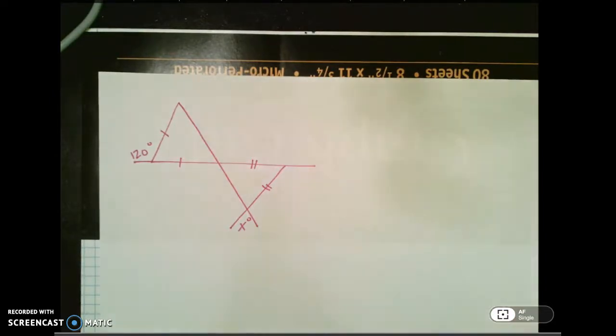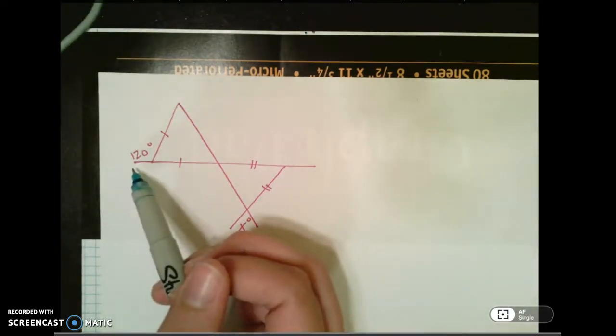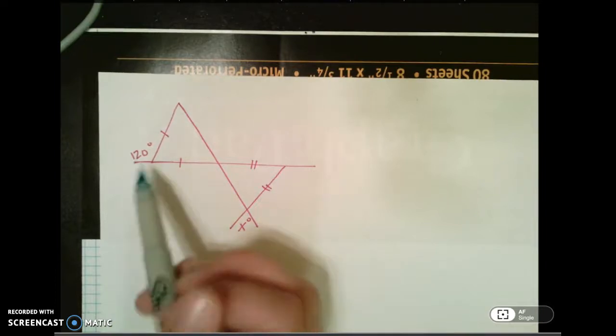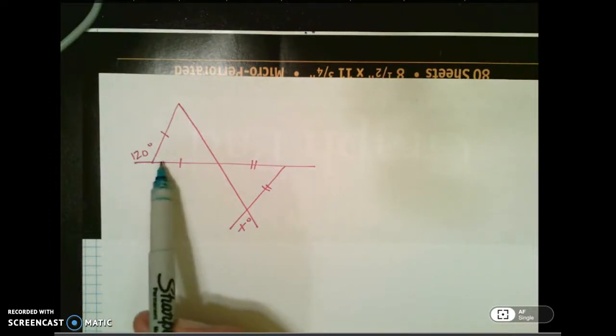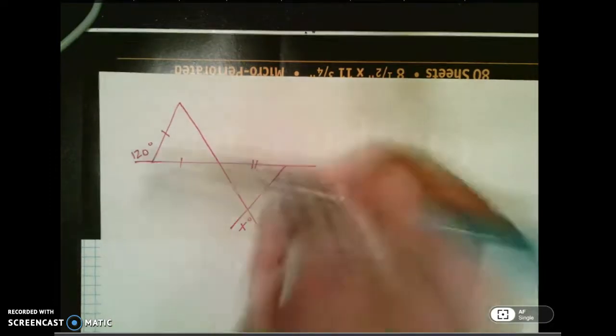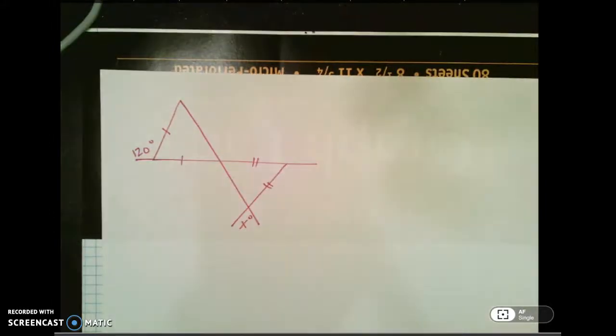So, looking around, the only information I am absolutely sure about is this 120. So that means I need to start here. Now, this 120 and this angle here are supplementary, which means they make 180. So if 120 plus whatever this number is 180, that means this number has to be 60.